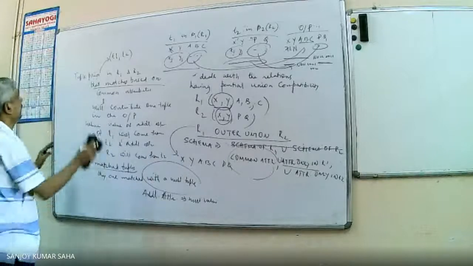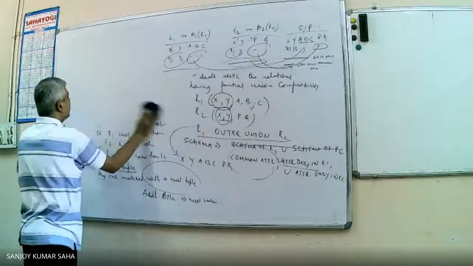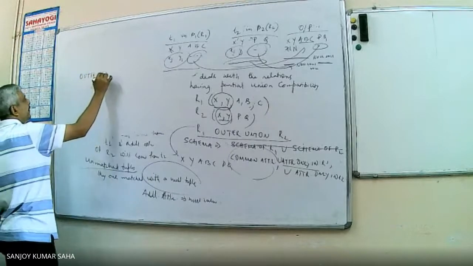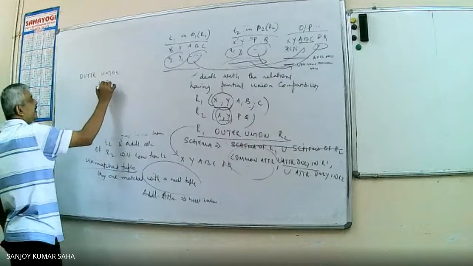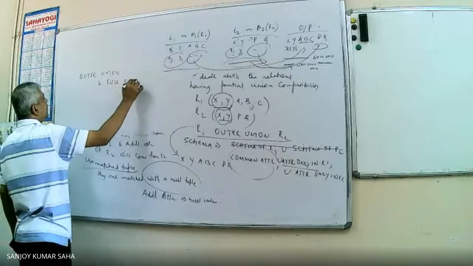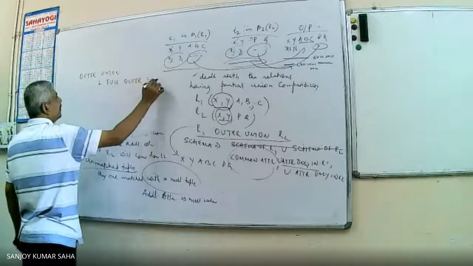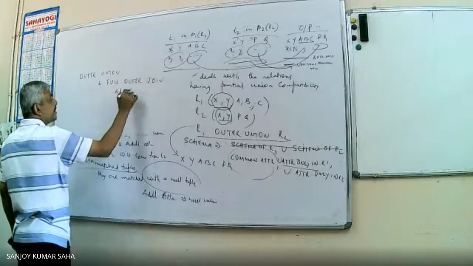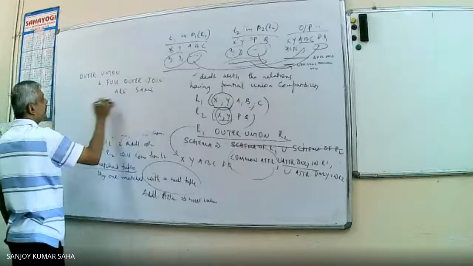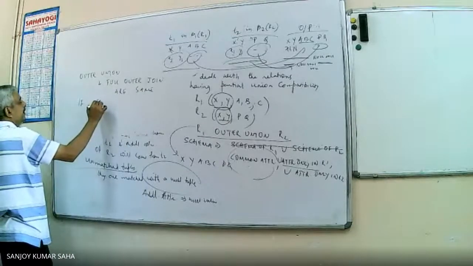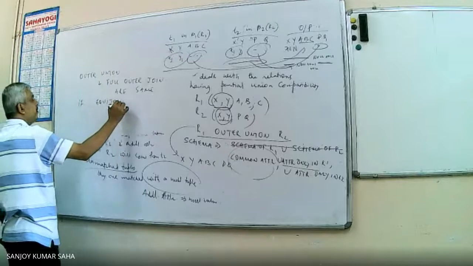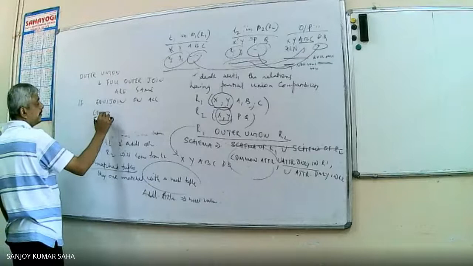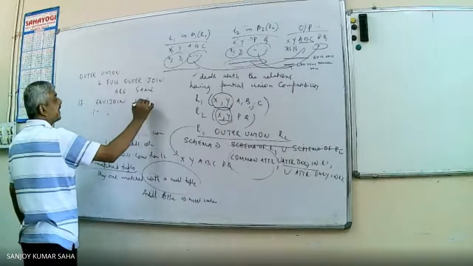Now see, outer union and full outer join are the same if an equijoin on all common attributes is carried out.